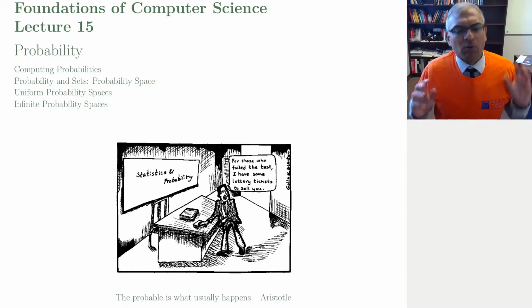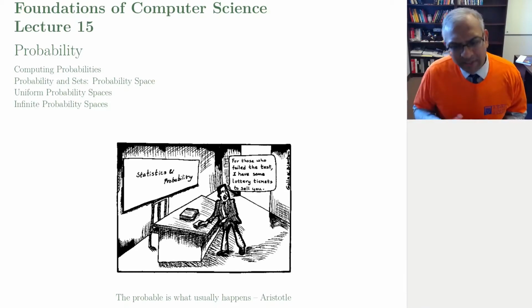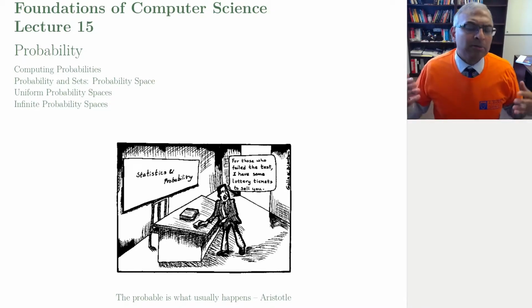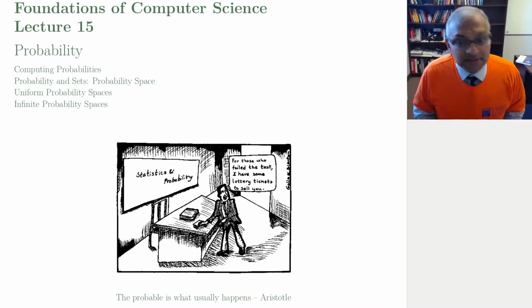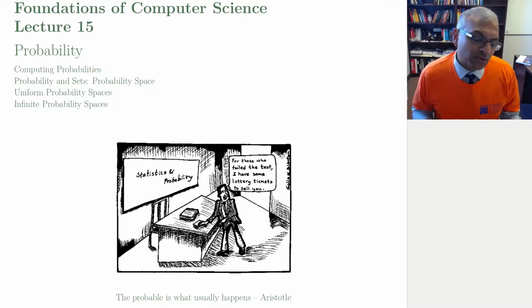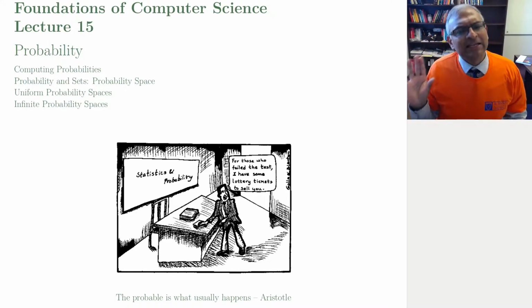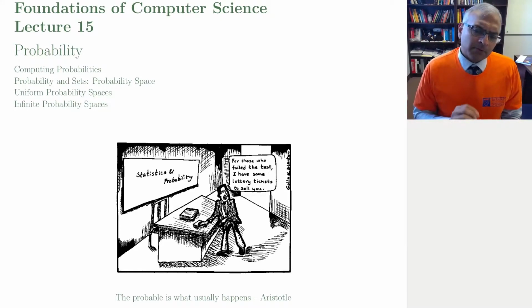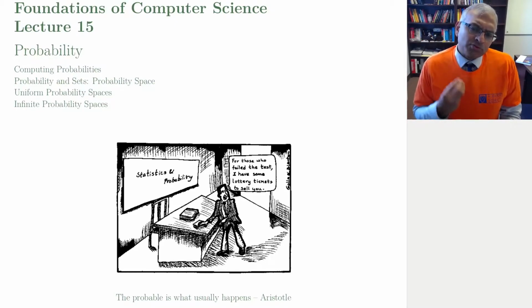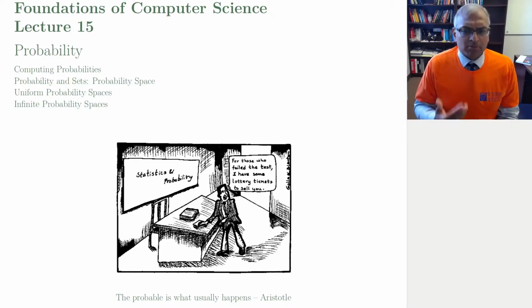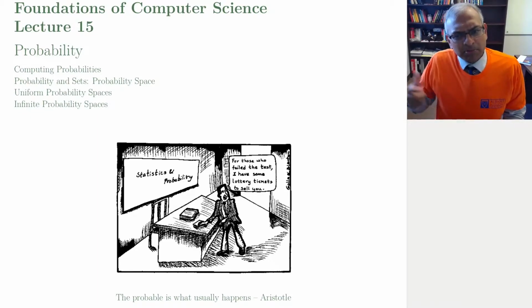Now, what does random, or what does probable mean? Well, Aristotle said it: the probable is what usually happens. So we are not going to focus on the philosophy or the axiomatic development of probability. We're going to treat probability as an important tool, and there's a certain arithmetic in probability, a mechanics to computing probabilities.